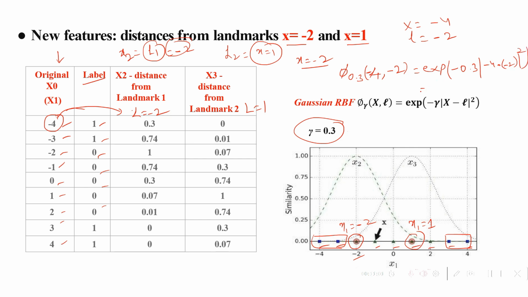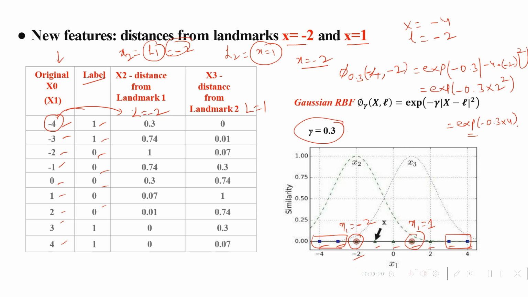That gives exponential of minus 0.3 into minus 2 square, which is 4. That means exponential of minus 0.3 into 4.